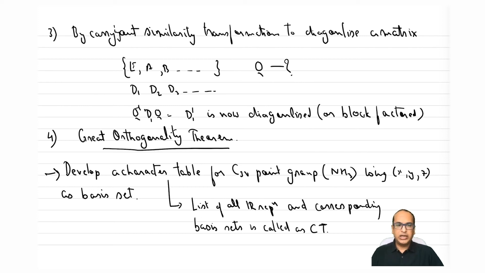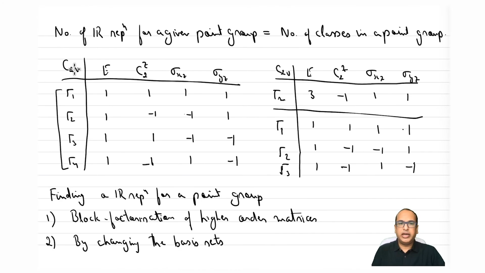Let us start with writing an incomplete character table. We have already written one character table for the C2v point group. And this was fairly easy because it was done simply by using the unit vector and linear rotation vectors. So now let us see how to write one for the C3v point group.